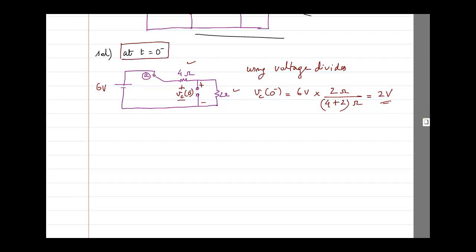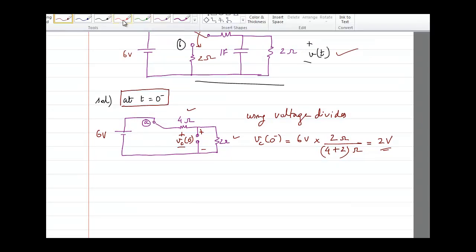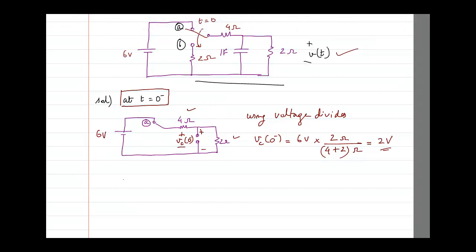Next, I have to go for the equation for t greater than 0. What happens?